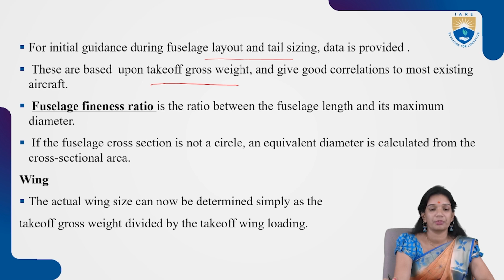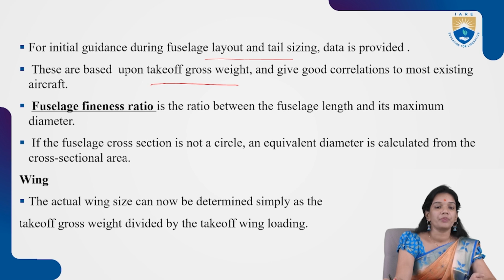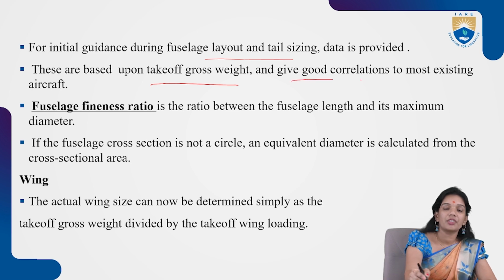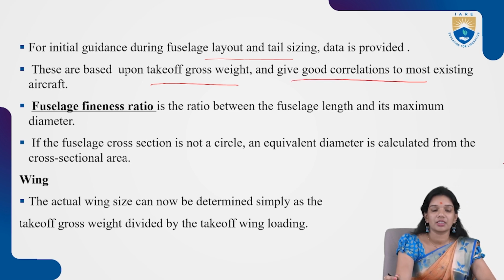We have considered a few examples and estimated the takeoff gross weight for aircraft having different segments, including cruise or climb, or loitering, or a payload drop. We're talking about the refined sizing and how we calculate the takeoff gross weight, and that should include your fuselage layout and tail sizing in the initial condition. That is what I'm going to expect, so that should give a good relation to most of the existing aircraft.